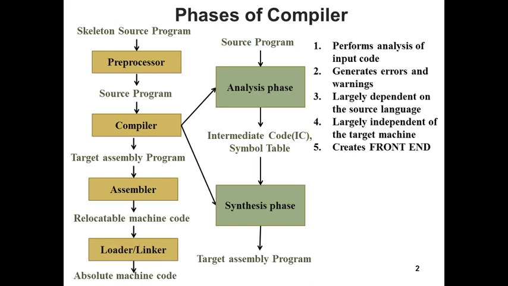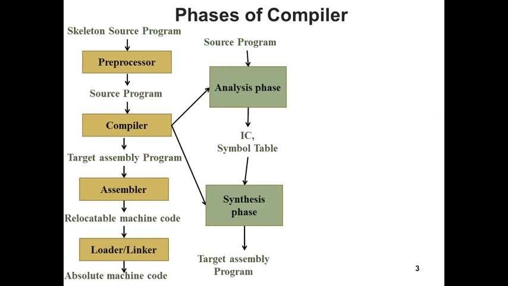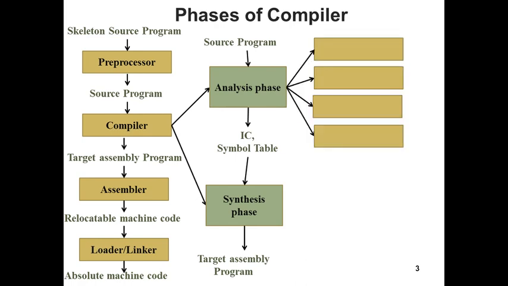Further, analysis phase consists of the front end of the compiler and it is dependent on the source program, while synthesis phase generates the target program and it is also called backend of the compiler. Now further, analysis phase is divided into 4 independent phases and synthesis phase is divided into 2 independent phases.